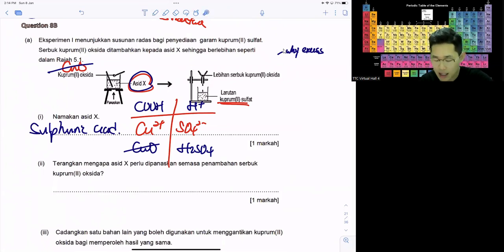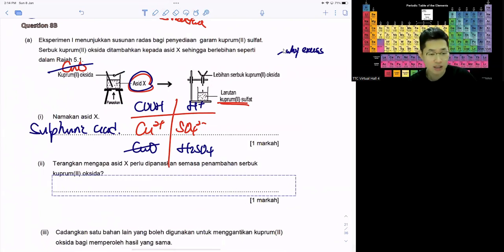Okay, and then explain why acid X has to be heated. We will heat this acid. It is to increase the rate of reaction so that the copper 2 oxide can dissolve better.